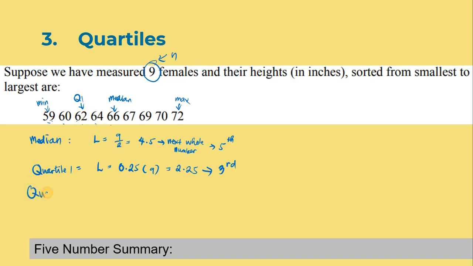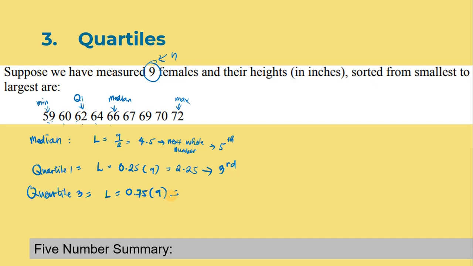Dayon, quartile 3. My handwriting is really bad. I'm so sorry. So, quartile 3 kay 70. Location niya kay 0.75 times n na to nga 9.